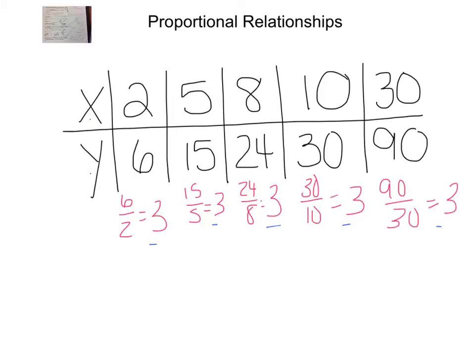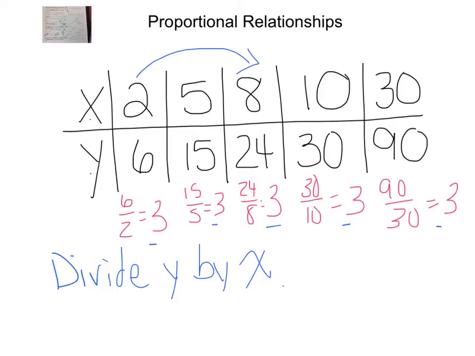So that's one way to test, is divide y by x. Another way that you can see that, guys, is you can look across your table as well. Let's look from, say, 2 to 8. I ask myself, how do I get from 2 to 8? If I multiply it by 4, I get 8.